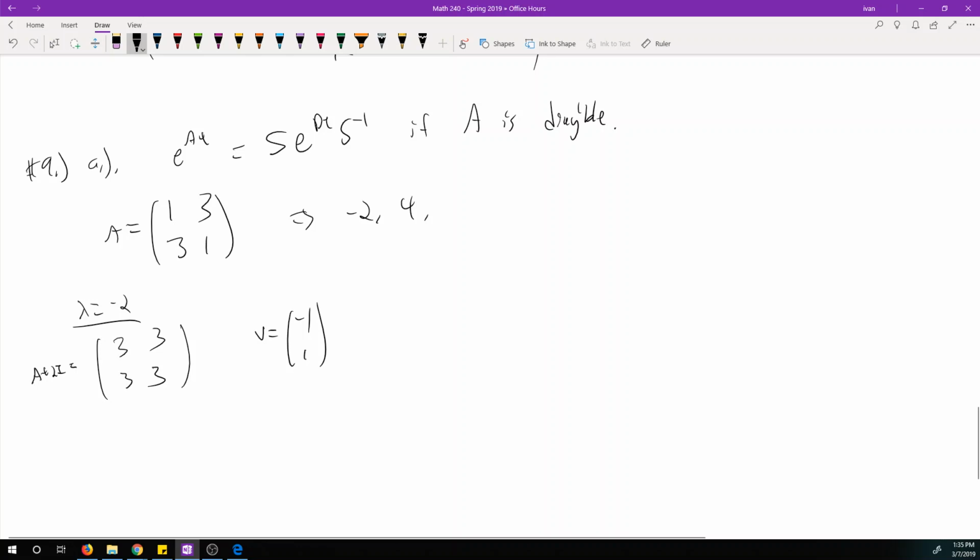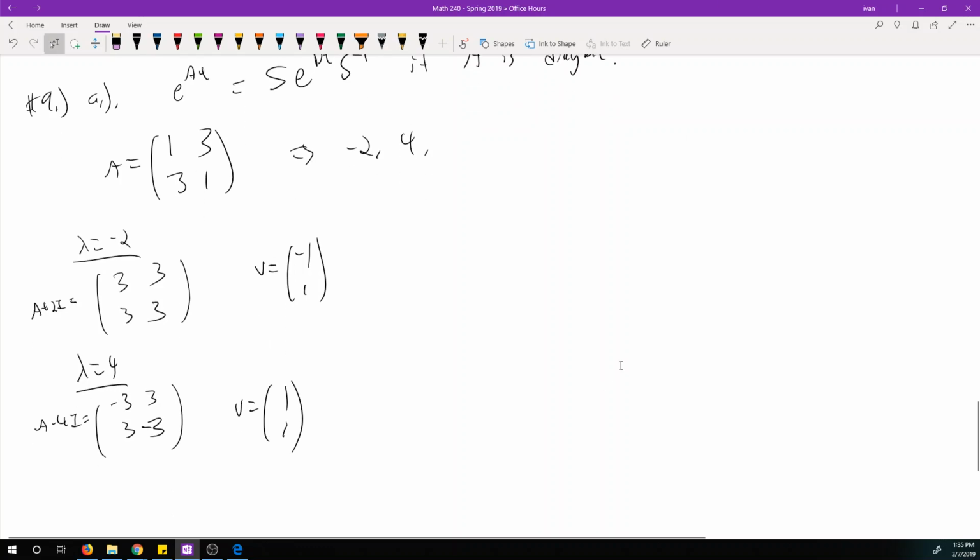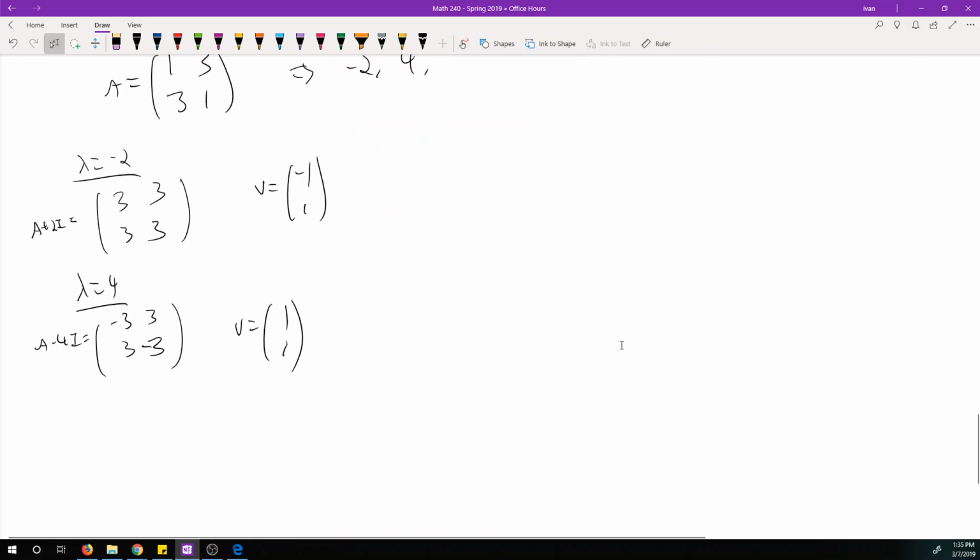And then lambda equals 4, you get A minus 4I, so you get -3, 3, 3, -3. And so your eigenvector is going to be 1, 1. Okay, and then first of all, just write out the diagonalization, S D S inverse.